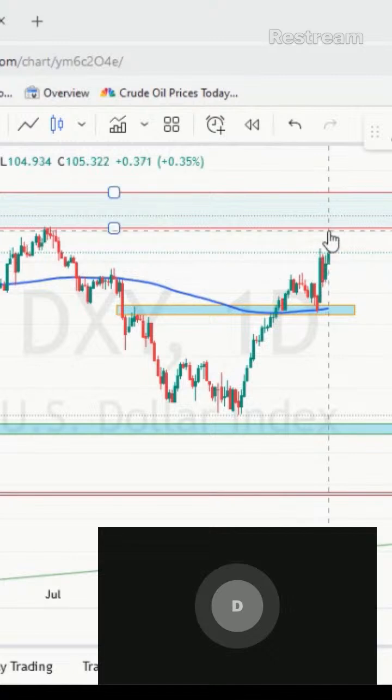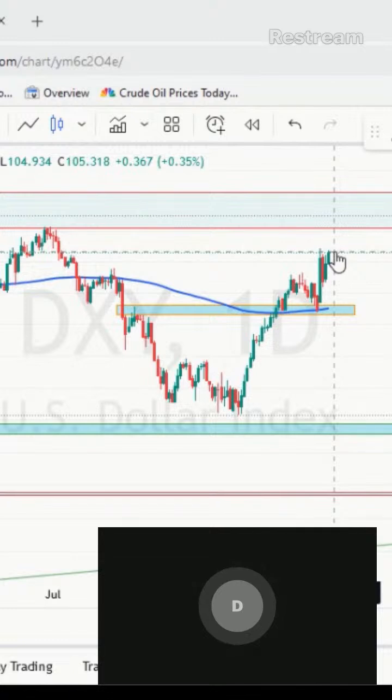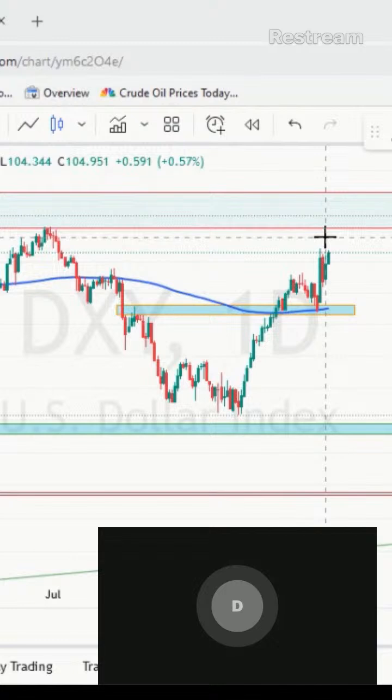So that means the USD is strong as of now. Having confirmed that USD is strong currently, on GBP USD, Euro USD and all other USD pairs we will be looking to short.